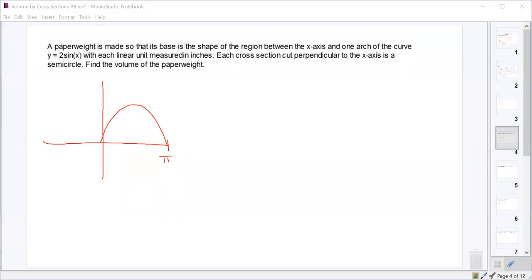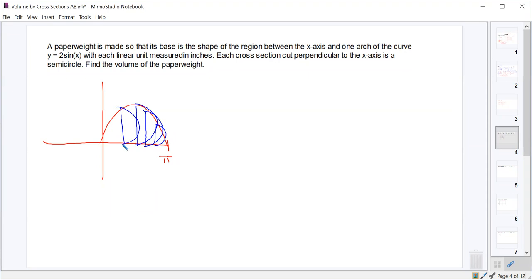Let's draw some semicircles on there. Here's a semicircle. That's not really a very good semicircle. Semicircle, right? Coming out of the page.